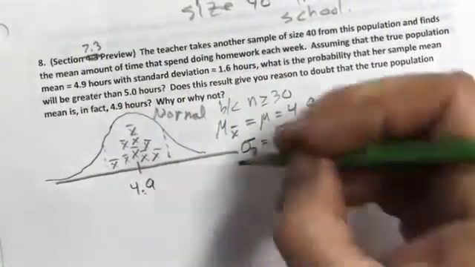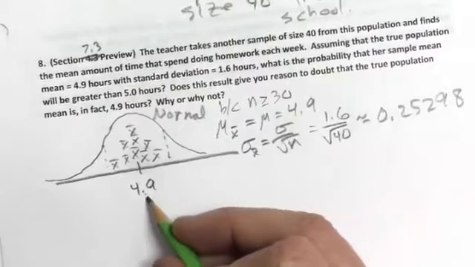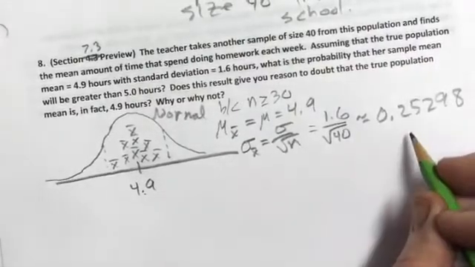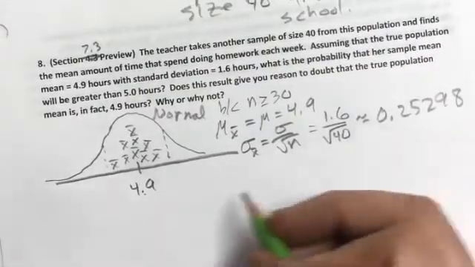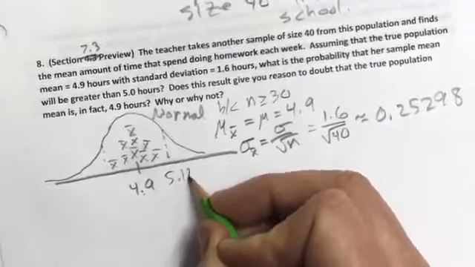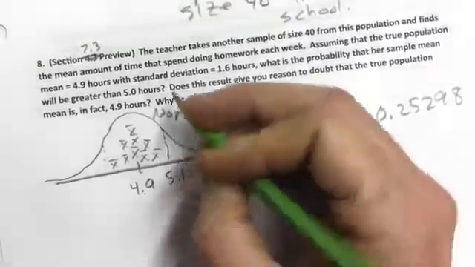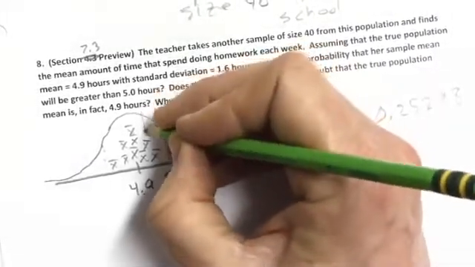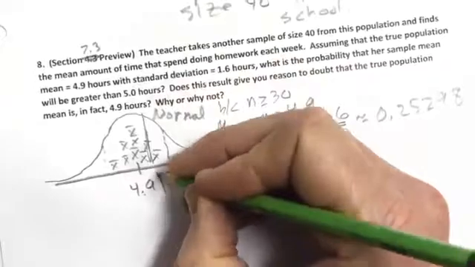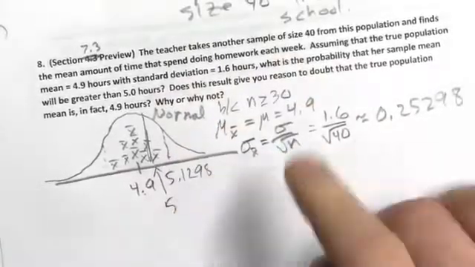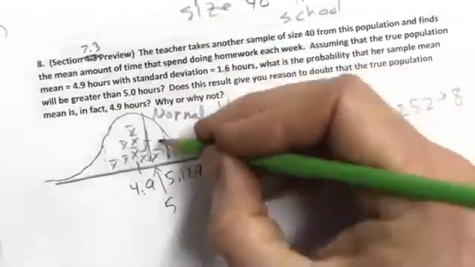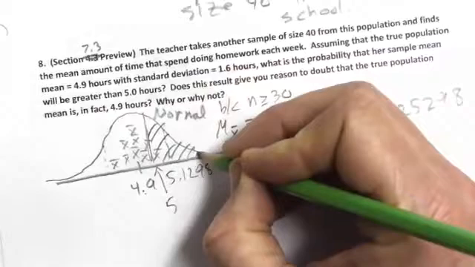Now, if we go up 1 standard deviation, 4.9 plus that, that's going to be 5.1298 right there. So 5 is like right here. So what's the probability that it'll be greater than 5? So that would be on up here.